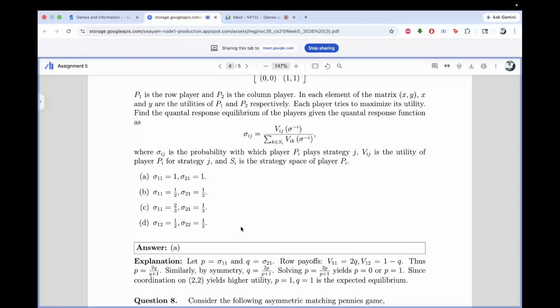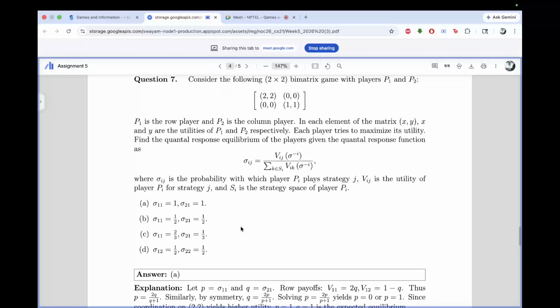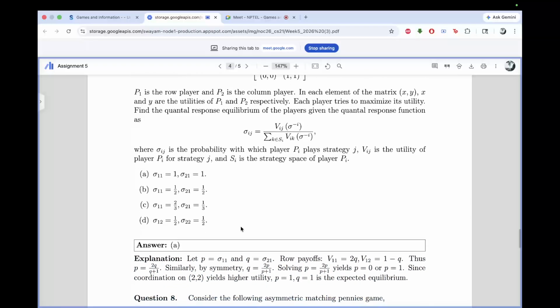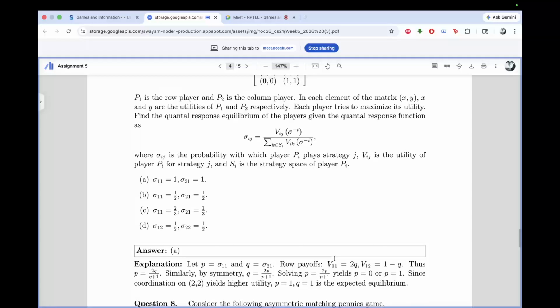So for example, in this question, they're defining that, let's say sigma 1 1 is p and sigma 2 1 is q, meaning the other is 1 minus p and 1 minus q. This tells us how we can go about talking about what V11 is.